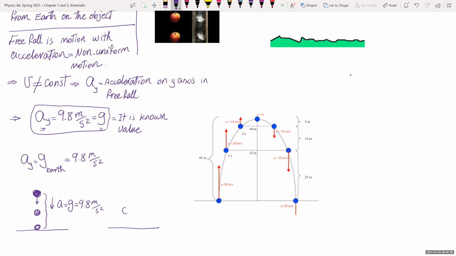You may even throw the object up. When it goes up, it slows down. Why? Because gravity is down always. How much is that gravity? 9.8 meters per second squared.